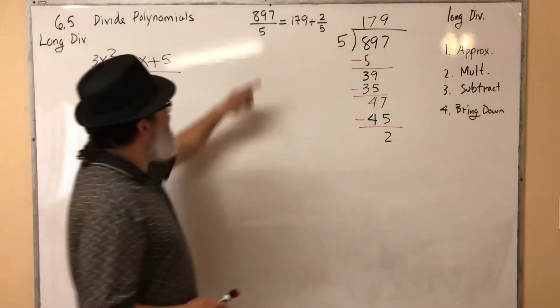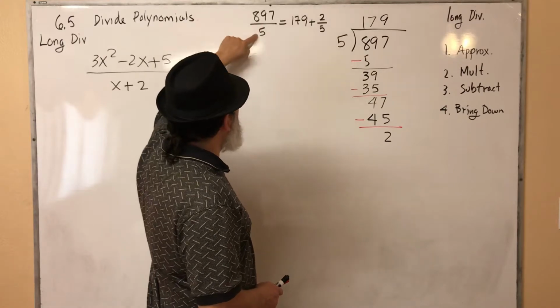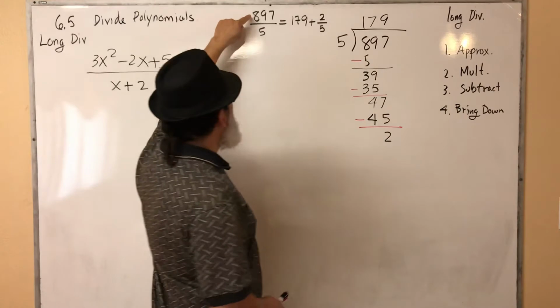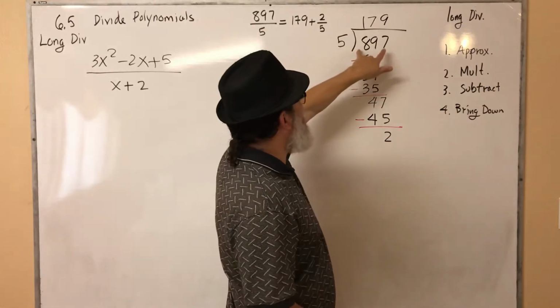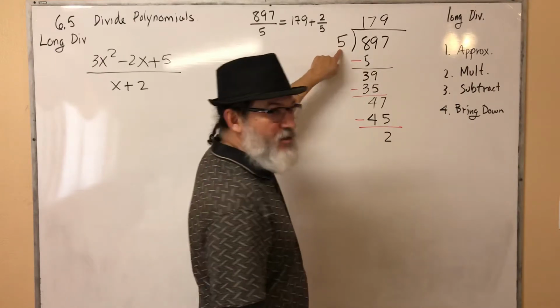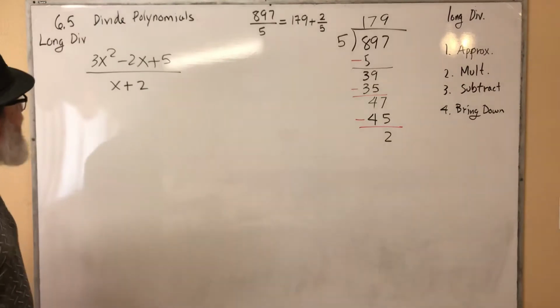Note. This is my numerator. That's my denominator. My numerator becomes, I don't know, it's under this box right here. And that's my denominator. Okay? So let's do that.